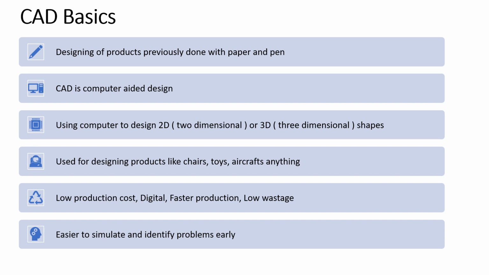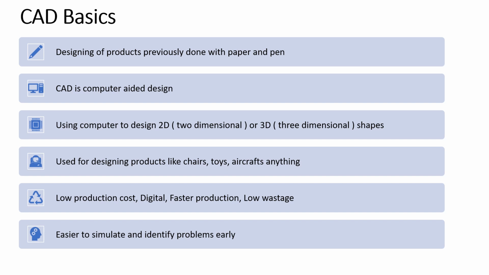So we have software to do that, like Tinkercad, Onshape, or FreeCAD, or any other CAD software. Nowadays we use two-dimensional and three-dimensional shapes in CAD software. This is basically used to design any object like a chair, table, or aircraft, or any physical object; computer aided design is used.